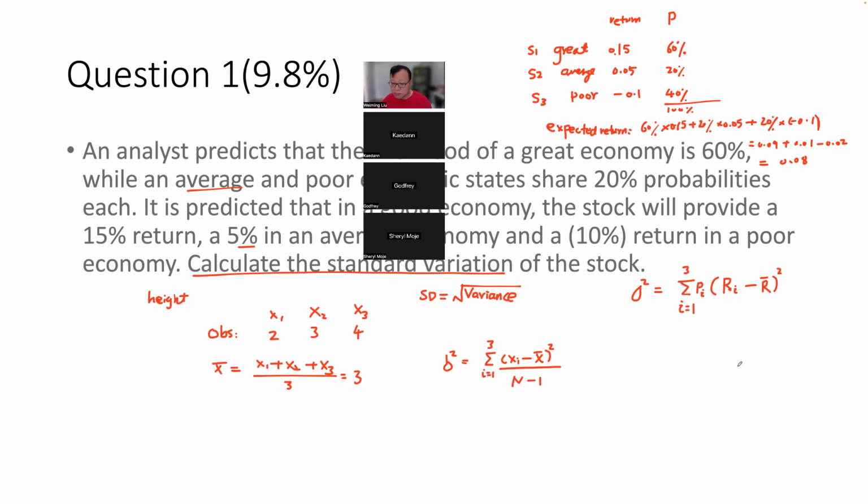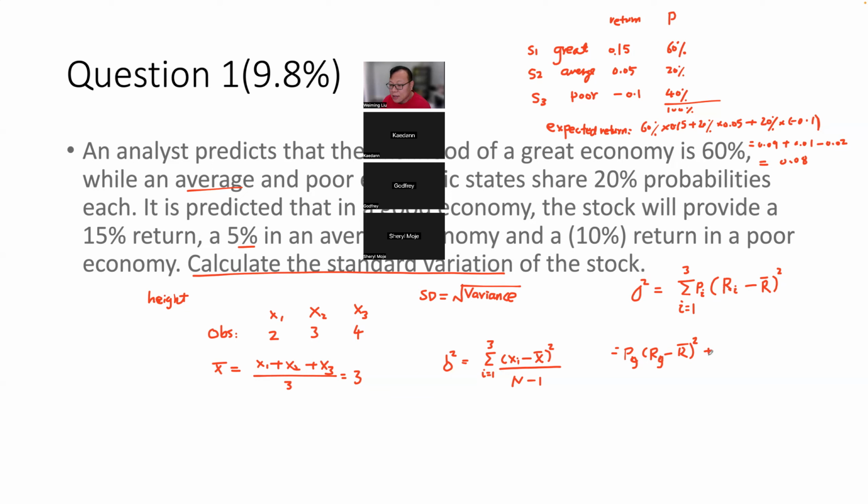Okay. Oh, that's good. So now let's keep going. When i equals 1, you go P1 divided by R1 minus R bar square. So instead of 1, how about we say grade, right? PJ, RJ, grade.